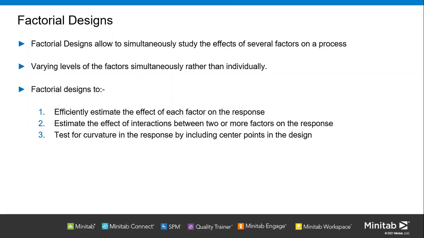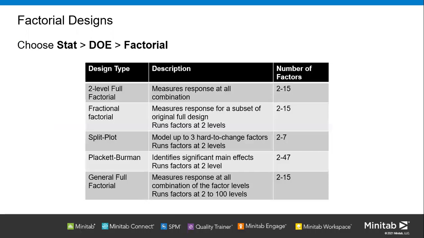More technically, for the factorial design we have design types. If you Google, it's a full factorial design. And then we have a fractional factorial design, and then we have split plot, and we have Plackett-Burman, and then we have general full factorial. So in Minitab, they will give you a guideline.